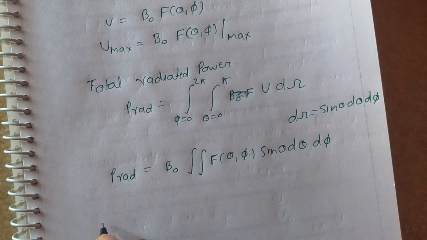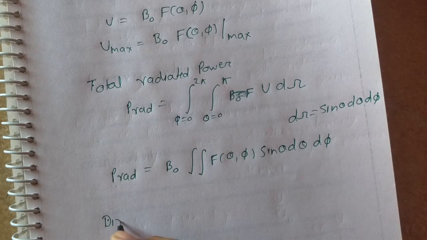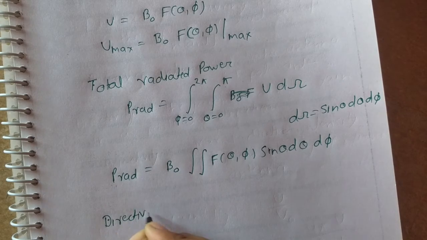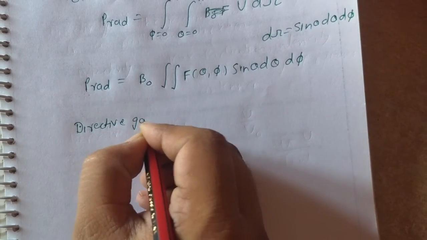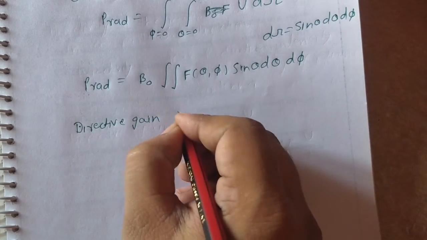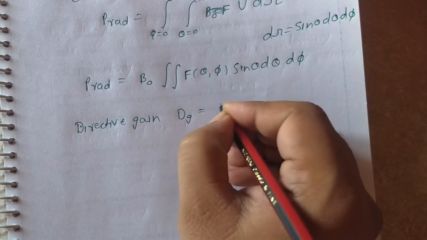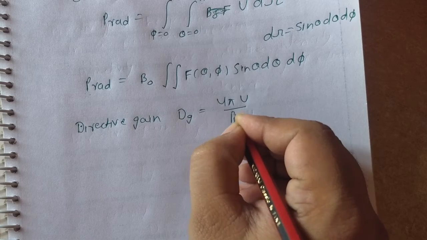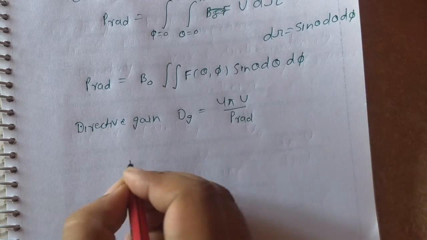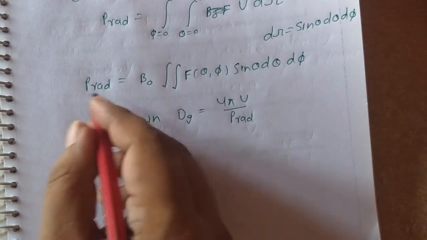So our directive gain DG equals 4 pi U divided by P radiation. We put the value of U and P radiation.